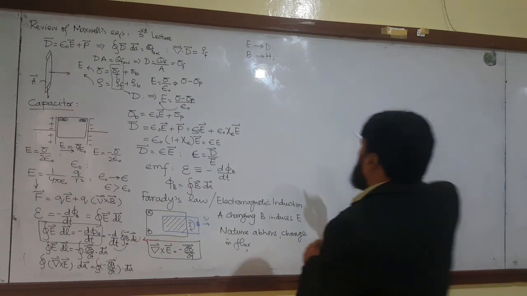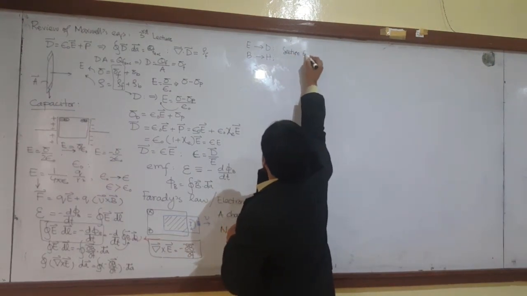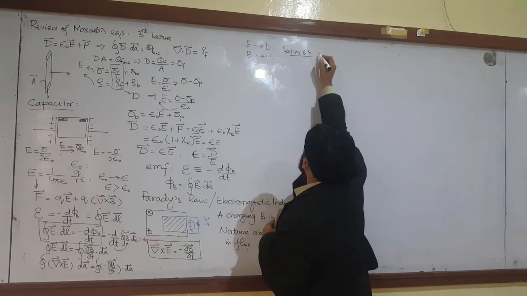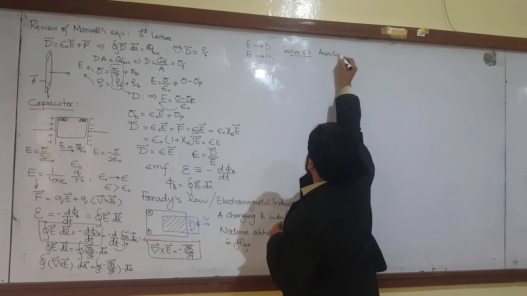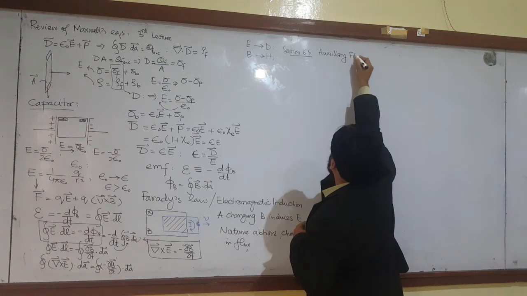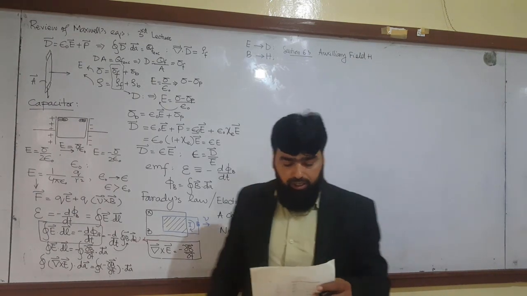So this is section 6.3 of Griffiths that we will follow, and it is the auxiliary magnetic field, or we say auxiliary field H, as the title is saying.